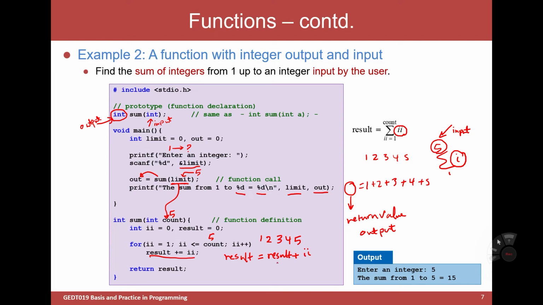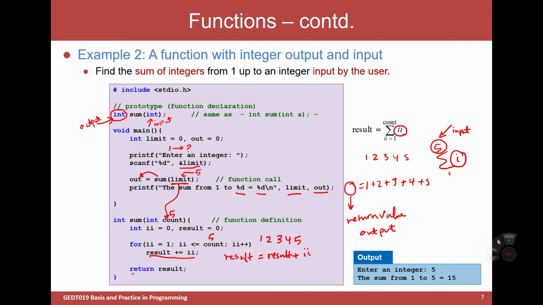First time the result equals 0. Look here, result equals 0, 0 plus 1. Next loop it will be a new result equal to 1, so it will be 1 plus 2. And then next time it will be 3 plus 3, and so on. So it will count the total results.